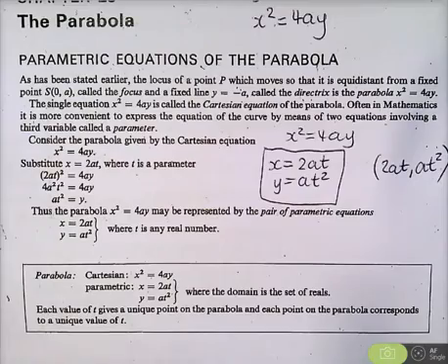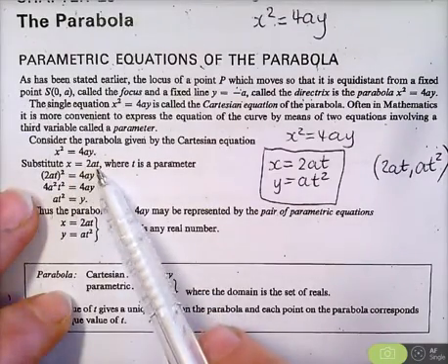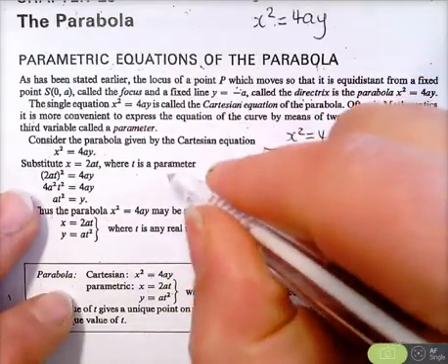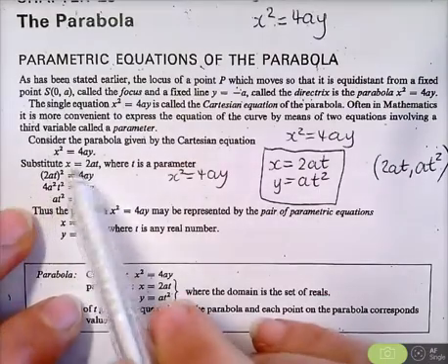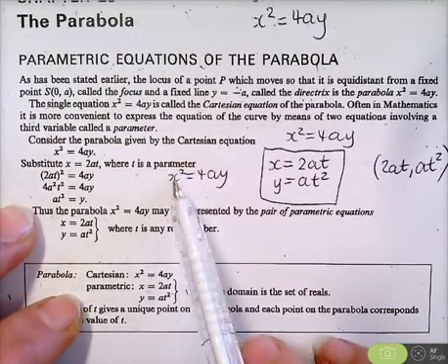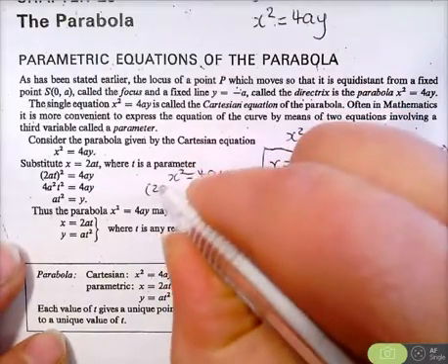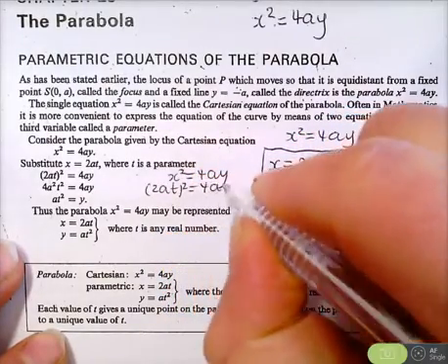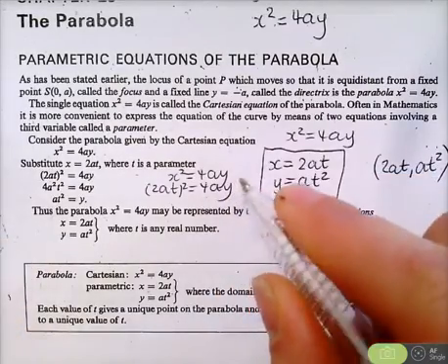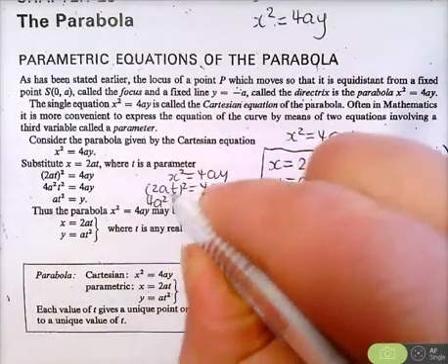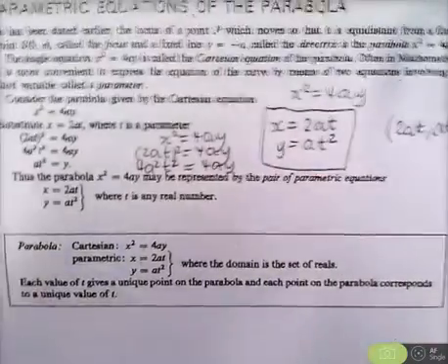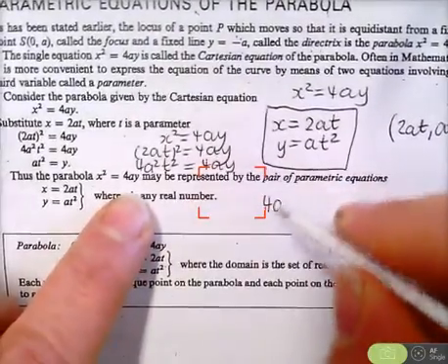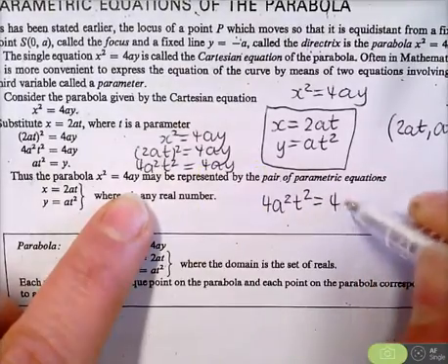Now, if I let x equals 2at and substitute it into x squared is 4ay, what do I get? (2at) squared is 4ay. That's 4a squared t squared is 4ay. Girls, can you see that or not really?